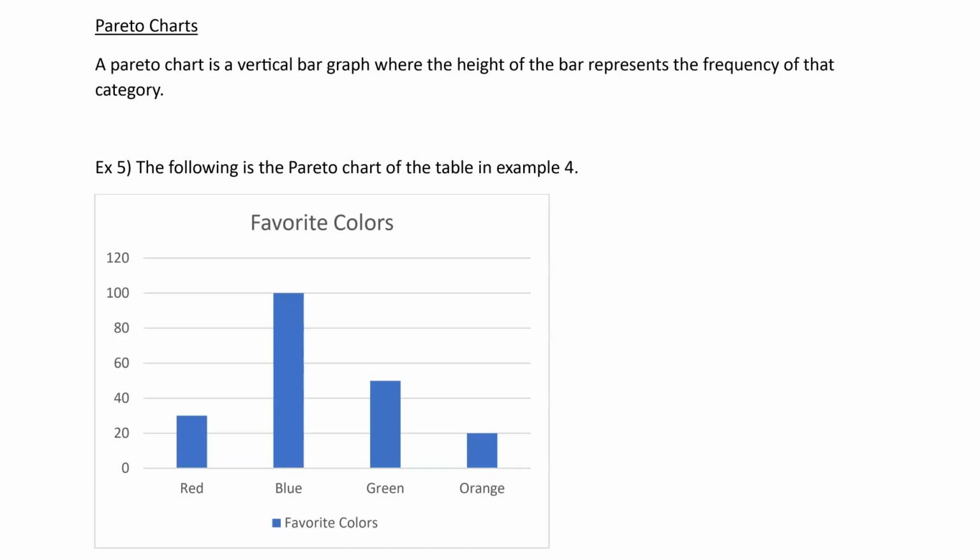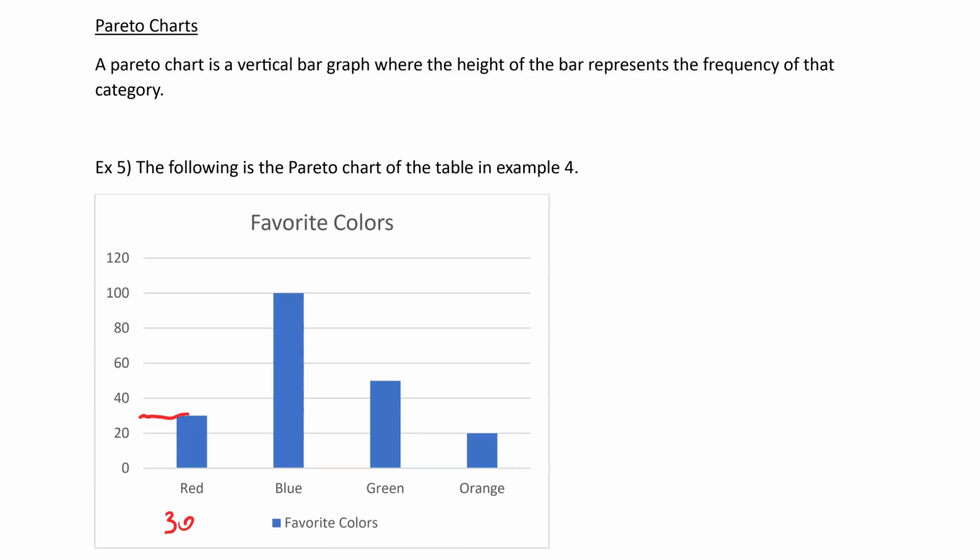So in example 4, we see one. And again, just like the pie chart, we're going to look at it and try to see if we can find the highest, lowest, just see if we can read it, right?